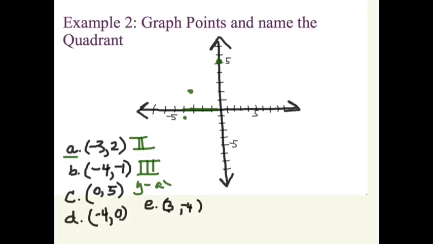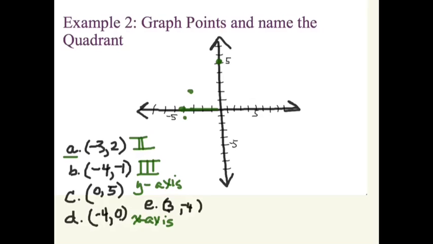It's on the y-axis, and obviously it's between quadrant 1 and quadrant 2. Let's do D. D is (-4, 0), so we go back to -4, but we're right on the x-axis. This one doesn't fall in either quadrant, though it is between quadrants 2 and 3. It is on the x-axis.